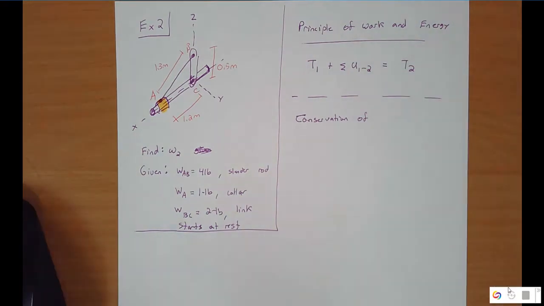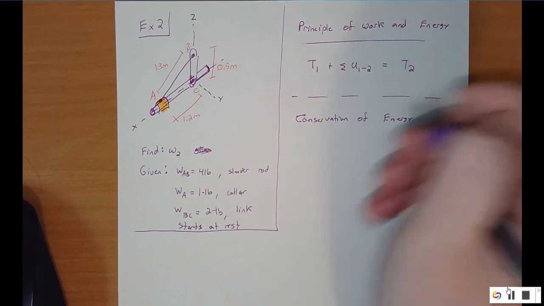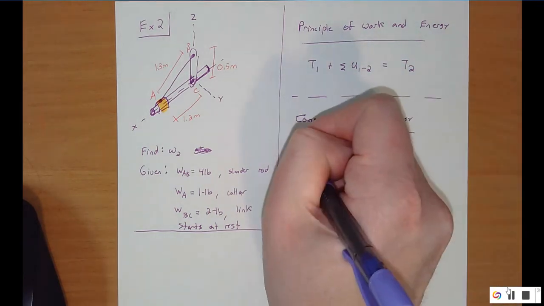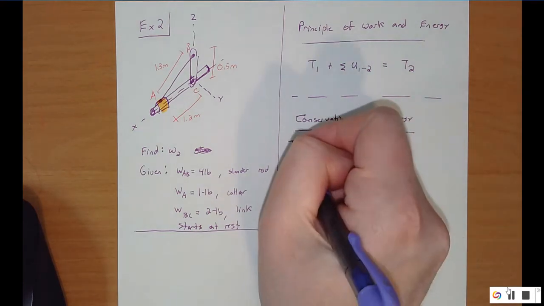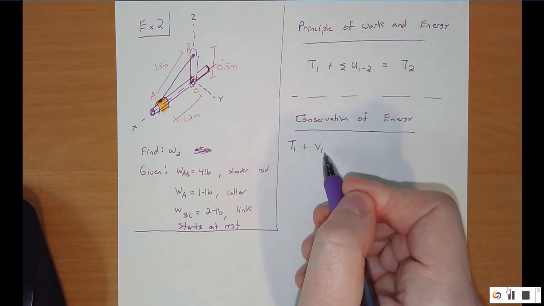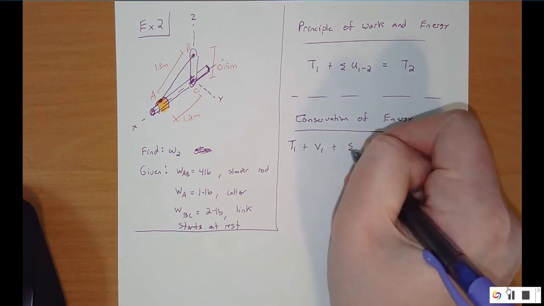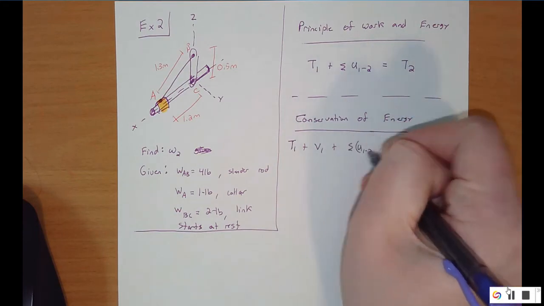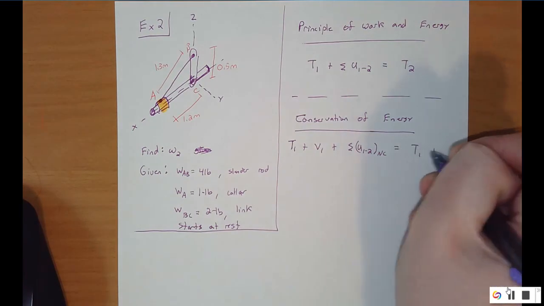This is going to be T1 for kinetic energy. Again, if you don't like using T's, feel free to use whatever symbols you like, just be consistent. Plus V1, our potential energy. This will be gravitational or elastic potential energy at state 1 or position 1. Plus all of the work from 1 to 2 that is not conservative.